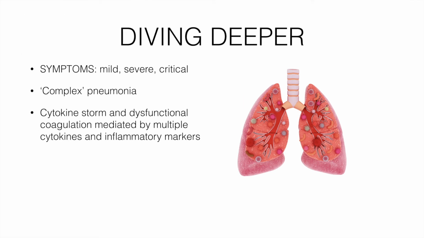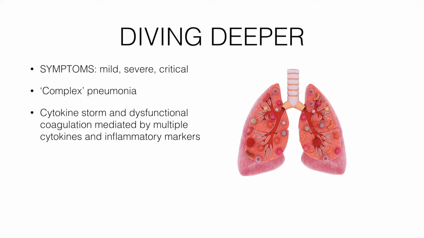Then we have the cytokine storm. I'm pretty sure many of you have been hearing this term lately. Basically, usually when we are infected with something, our body releases pro-inflammatory signals, meaning we're going to incite inflammation so that we can try to fight off what is causing an infection in our body.